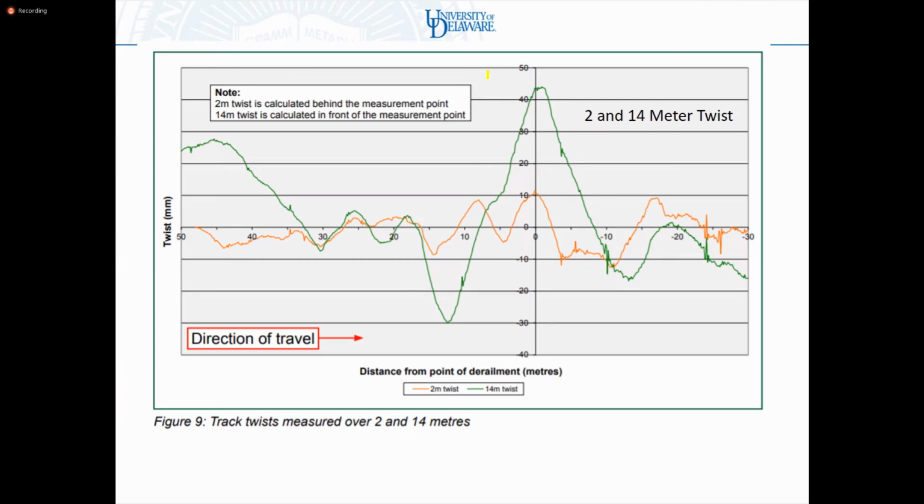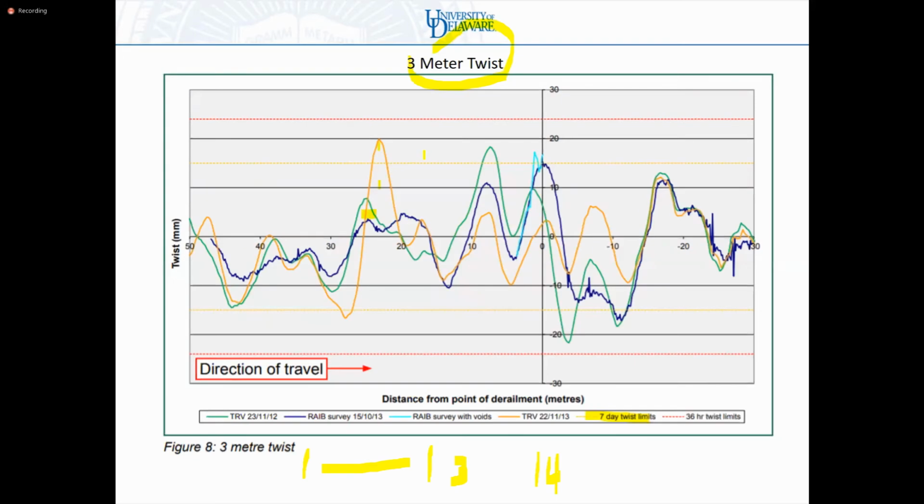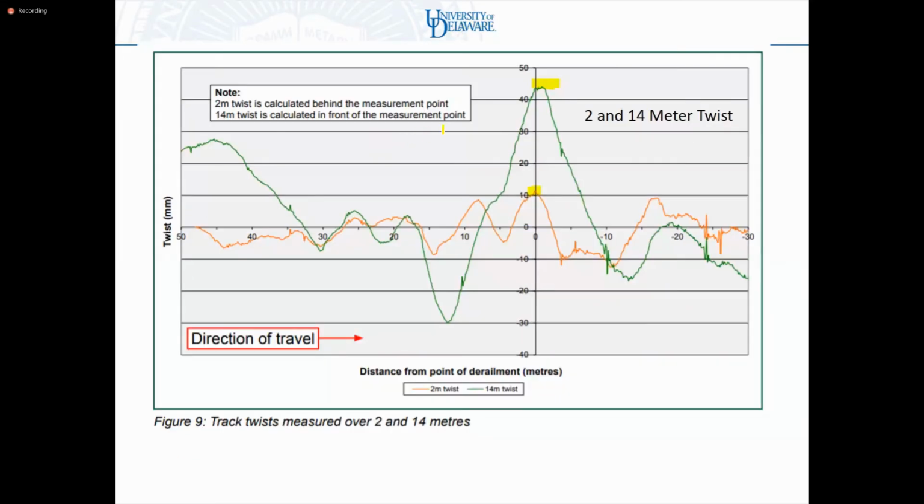So if you look at the 14-meter twist number now, you can see that it was on the order of 45 millimeters, significantly more. The 2-meter twist was about 10. The 3-meter twist was around 20. And the 14-meter twist was around 40. And by the way, that's very indicative.